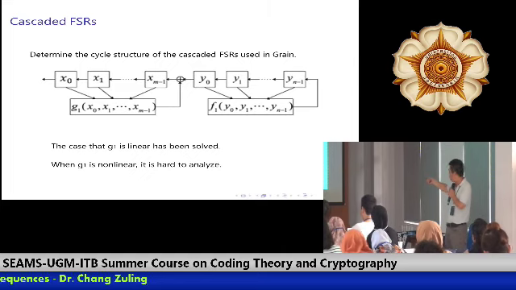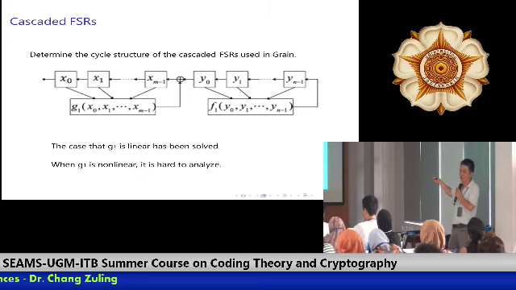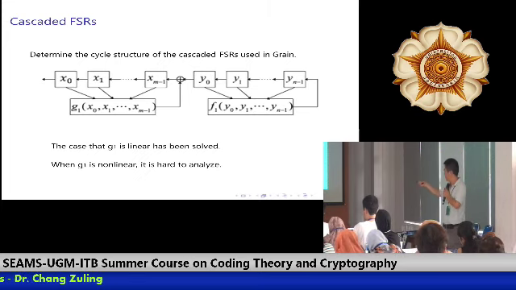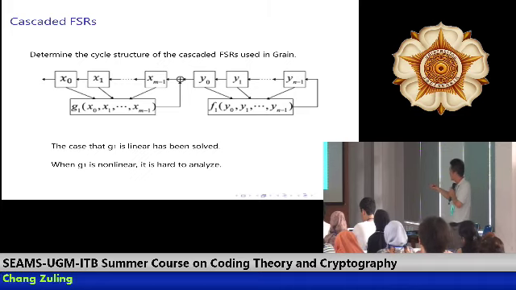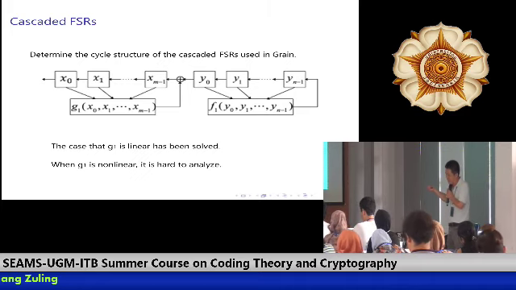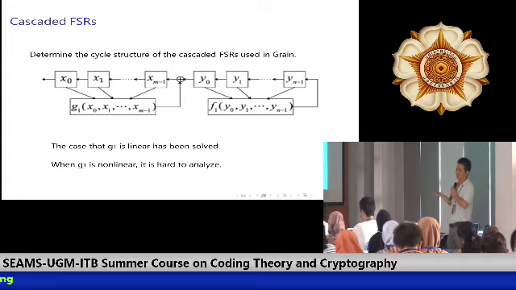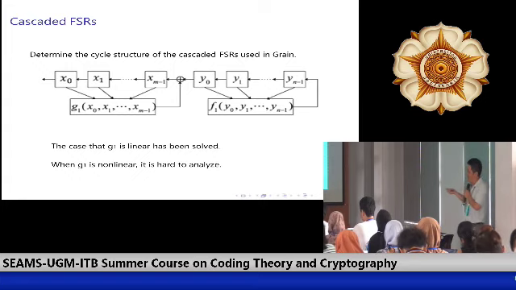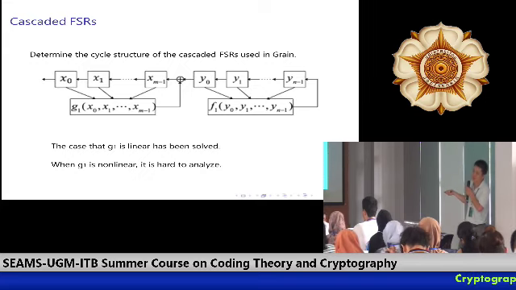Because the finalist of this string uses this form, an NFSR generating M sequences, of this cascaded FSR.